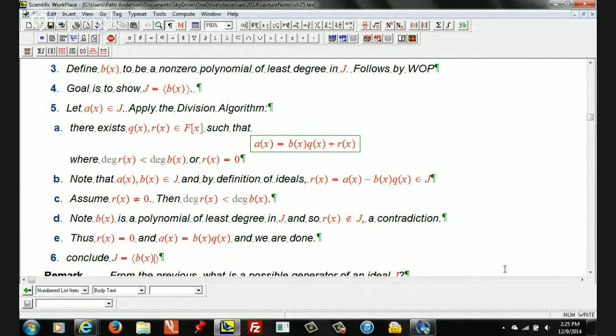But being a generator, doesn't that mean that by operating with yourself some number of times, you can generate it? What we were doing, if it's of the least degree, it has to be the generator. You can have differences of the leading coefficient.